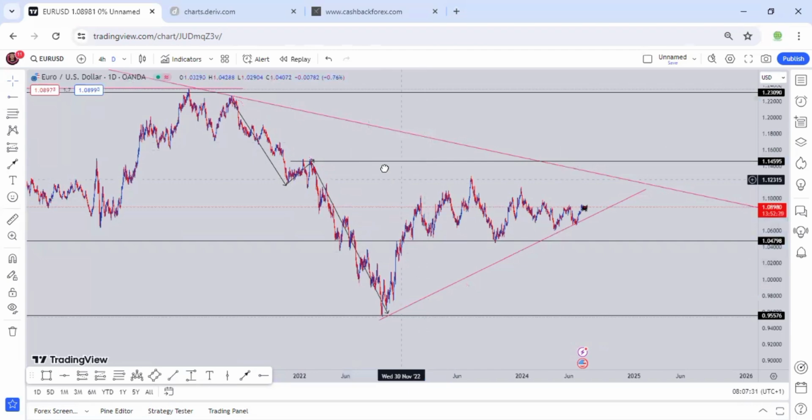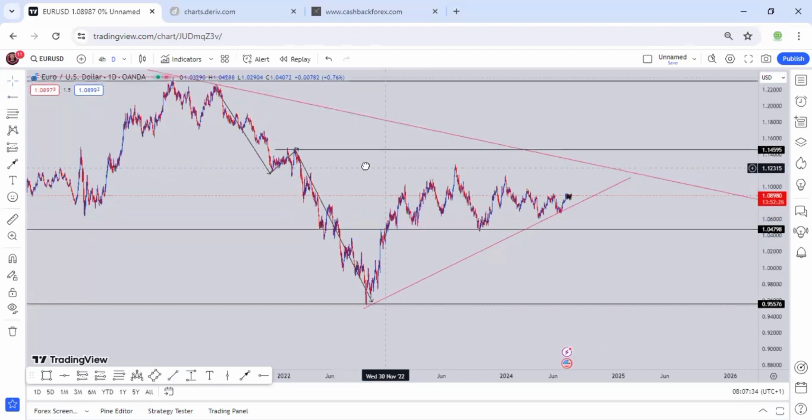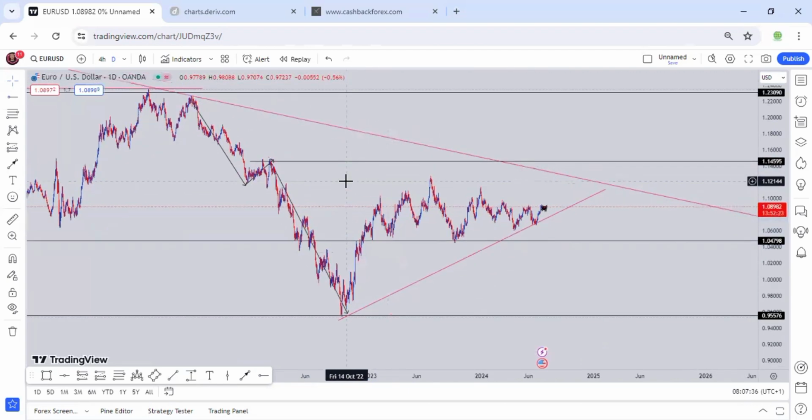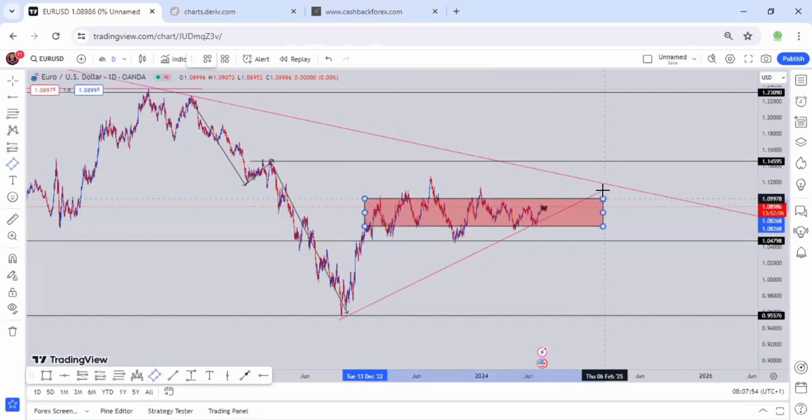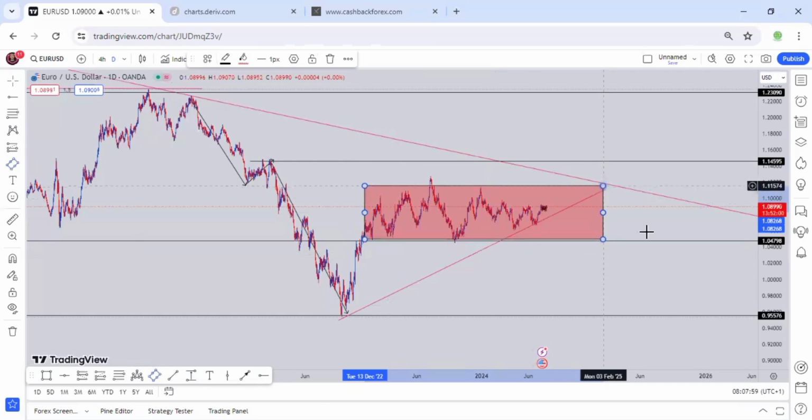So for now, this is a daily bias showing us that the market has moved lower and has come to correct itself here. Now it is stuck in a range of 0.08 to 0.1.